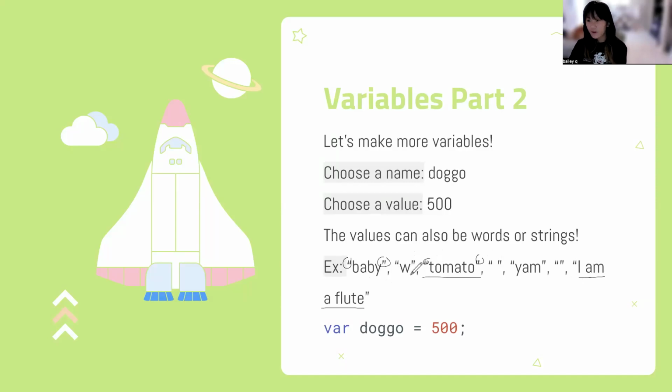And you can assign variables as strings. For example, here we have var doggo equals 500. You could also put var doggo equals the string 500. The only difference is now it is considered a message rather than a number or integer. All right, let's move on from here.